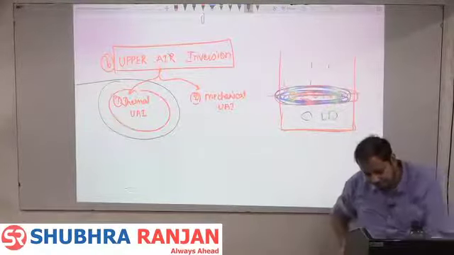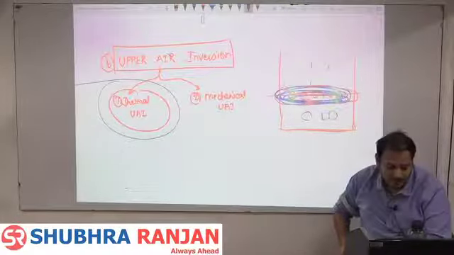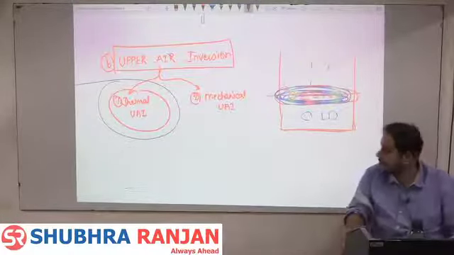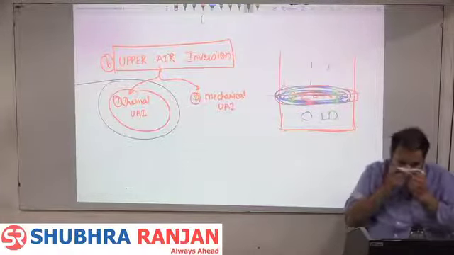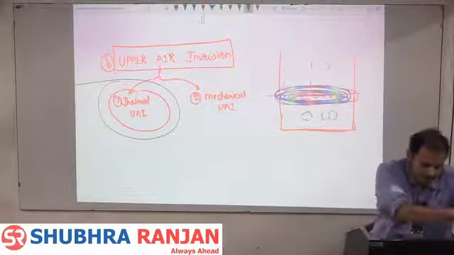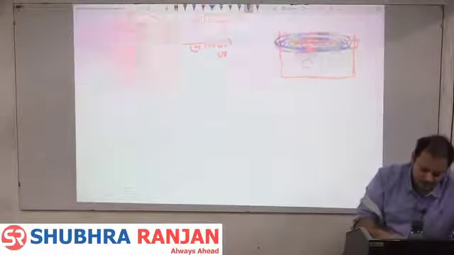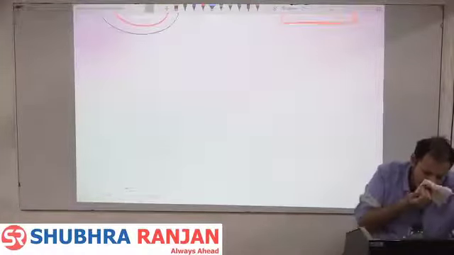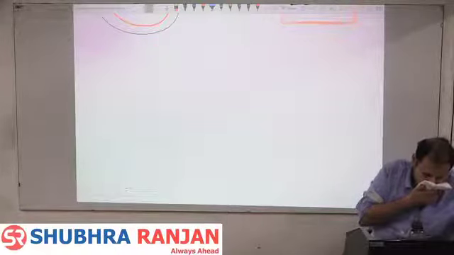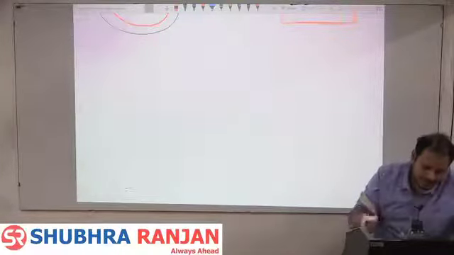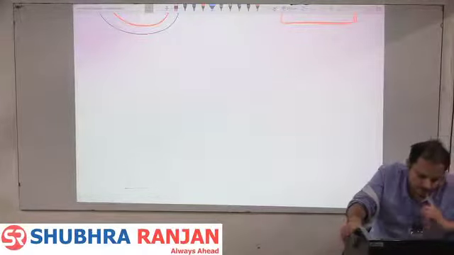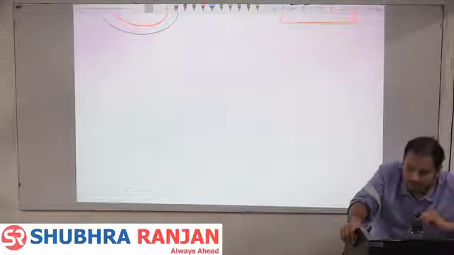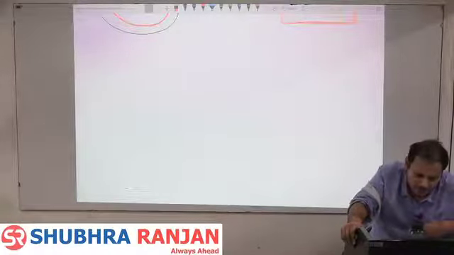So next point. The thermal upper air inversion is caused due to the presence of ozone between the height of 15 to 35 kilometers.